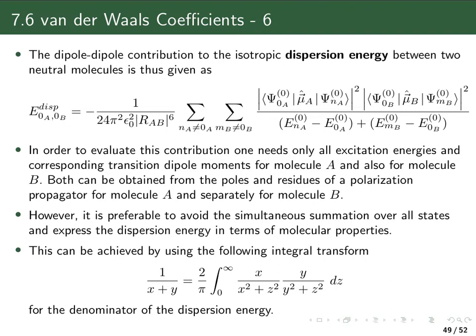So this way we have now separated x and y: 1 over x plus y becomes a product of two terms where each one only depends on one.